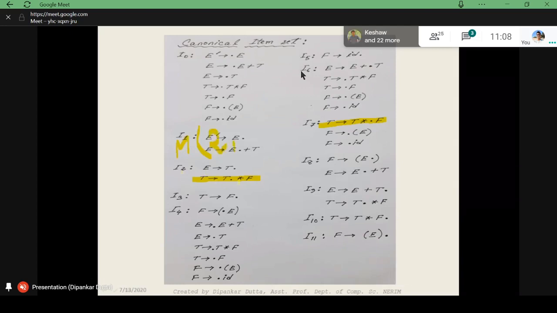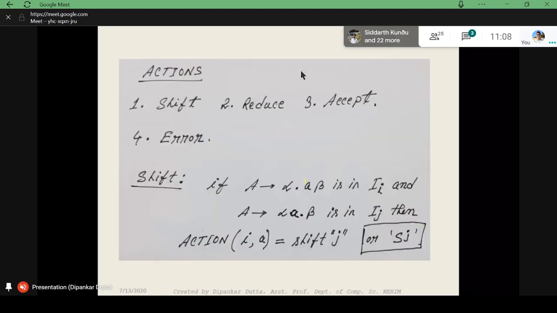What is the symbol? Star. What will be the shift? S7. So in the table, in row 2, column star, the entry will be S7.